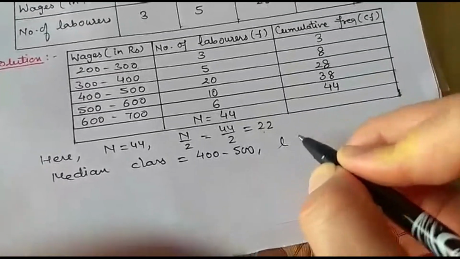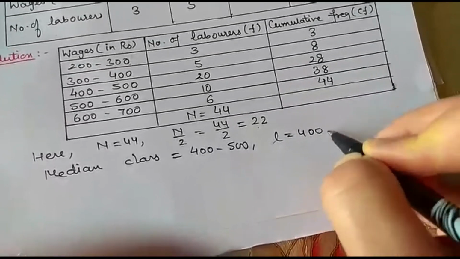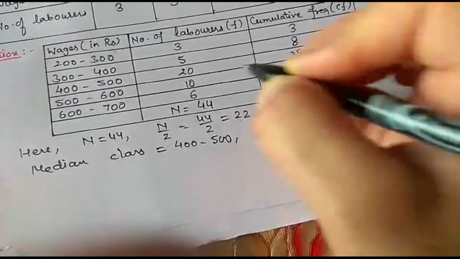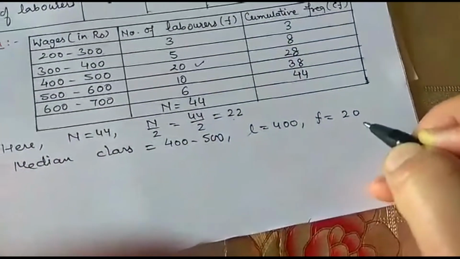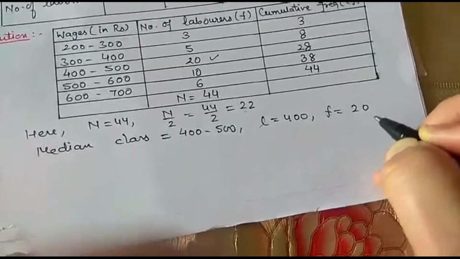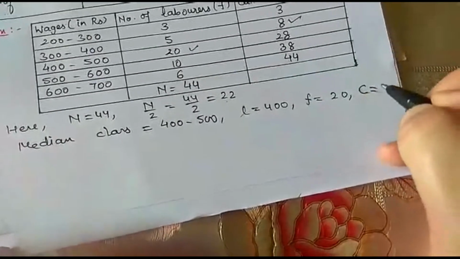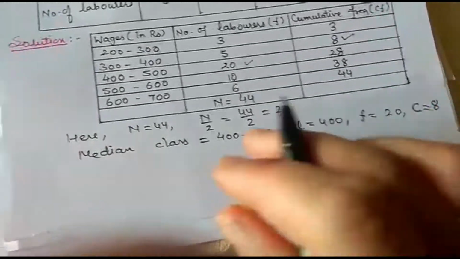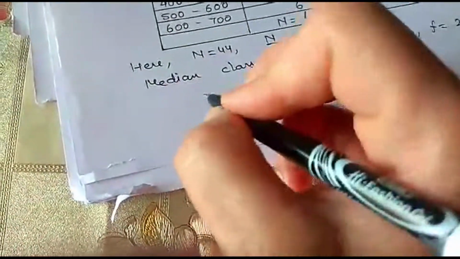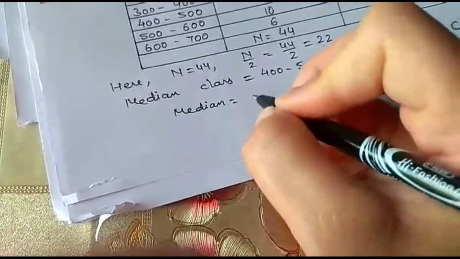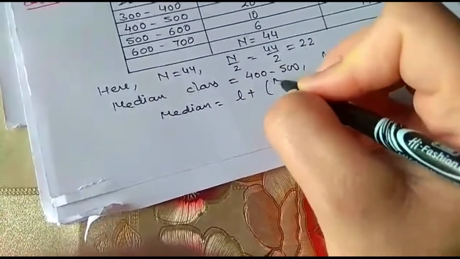Lower limit of the median class is 400. Frequency of the median class is 20. Then next, the cumulative frequency of the class preceding the median class is 8. Correct? Now we will simply put all these values in the formula of median to find the median.